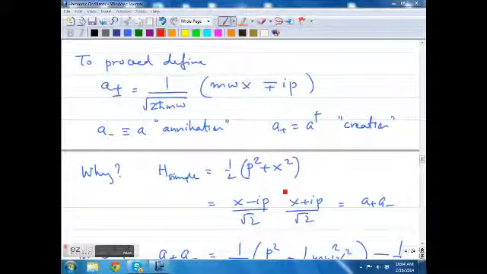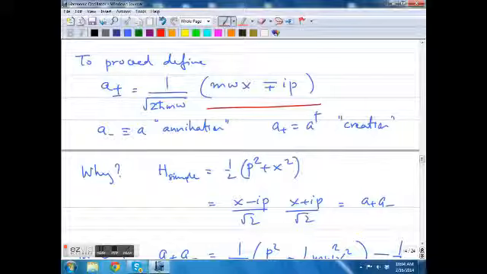To proceed further, we are going to define two new operators, which Griffiths calls a plus and a minus, which are linear combinations of x and p, as shown here. More conventionally, a minus is referred to as a and is called the annihilation operator, and a plus is written as a dagger because you can check that a plus really is the Hermitian conjugate of a.